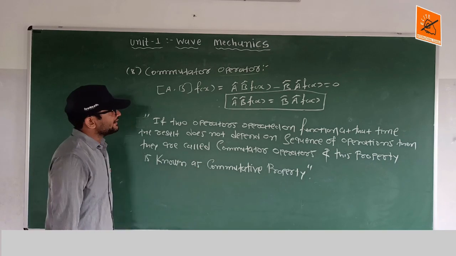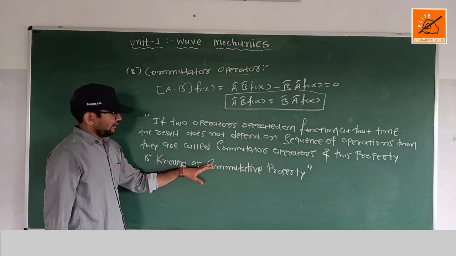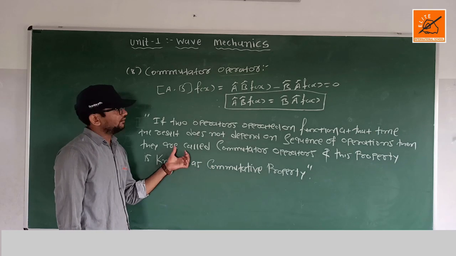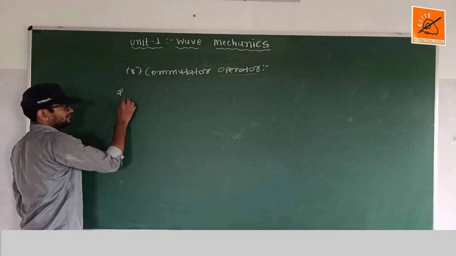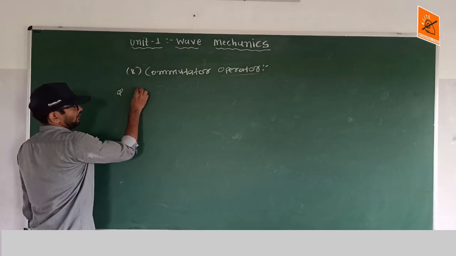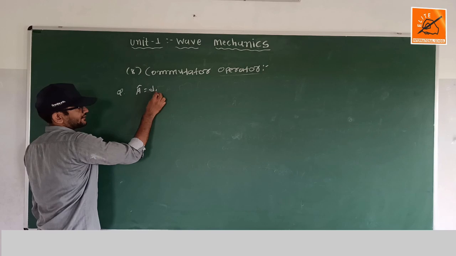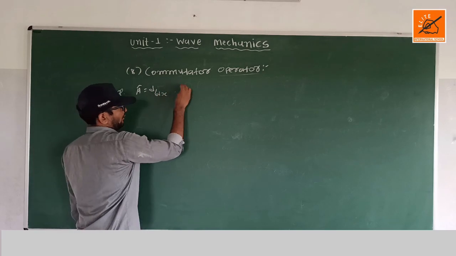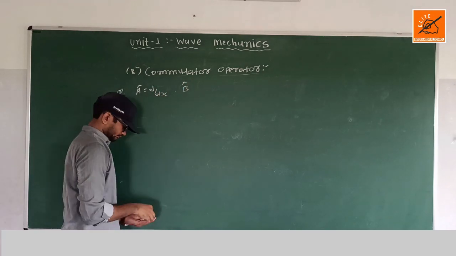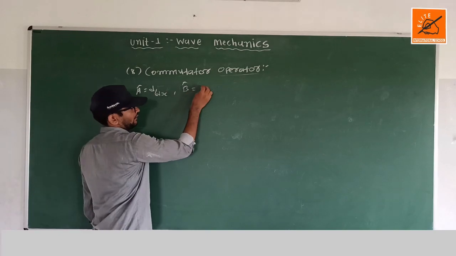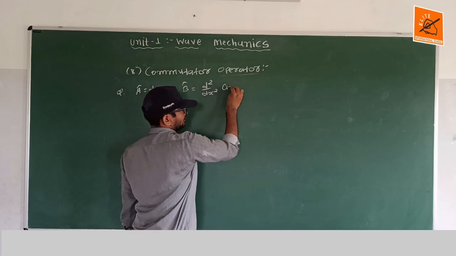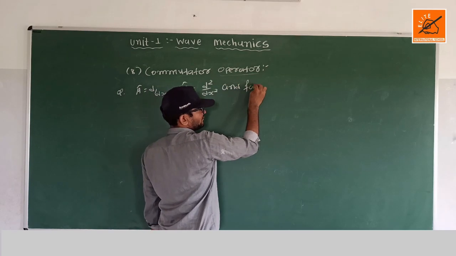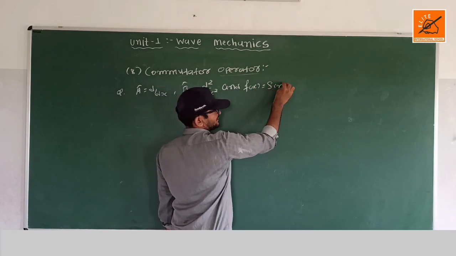So for a better understanding of these operators, I will take an example. Now the question is: a cap is equal to d by dx, b cap is equal to d square upon dx square, and function f(x) is equal to sin x.